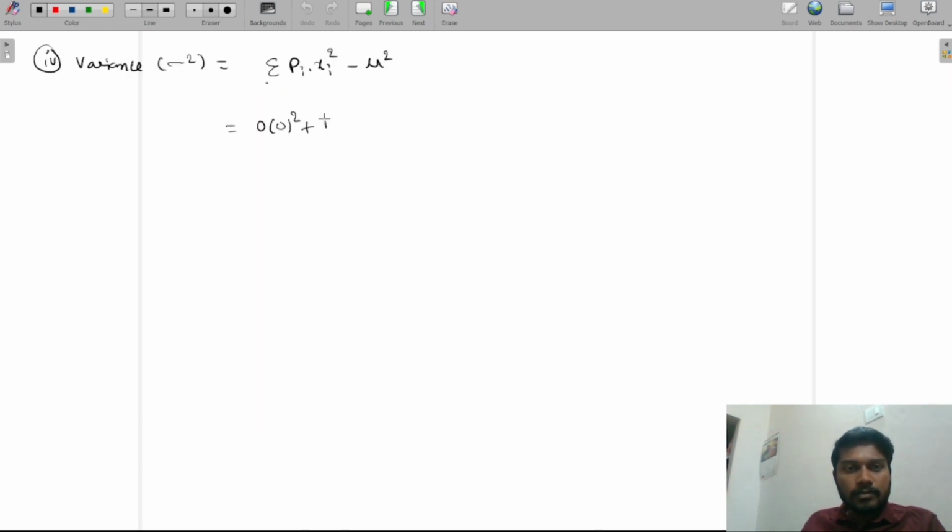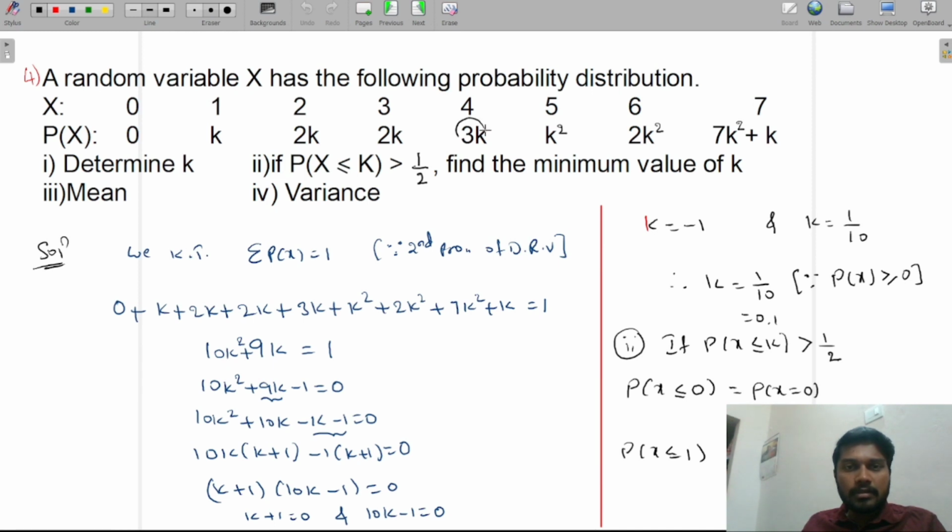Okay, so 1 square into k plus 2 square into 2k plus 3 square into 2k plus 4 square into, at 4 what is the probability in the table? 3k, right?